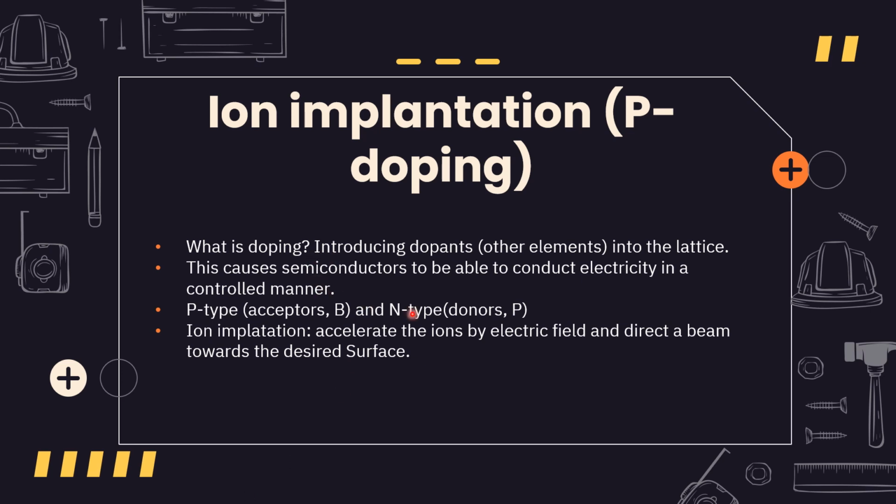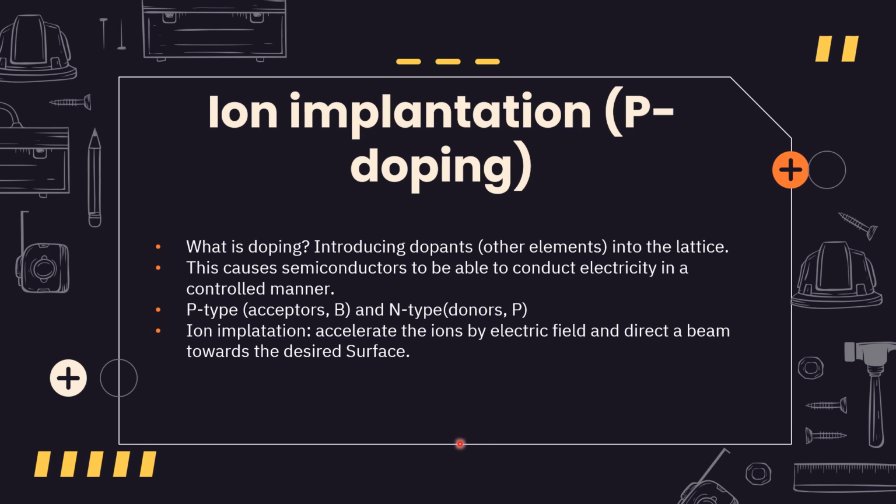So by doping, we will be introducing other elements such as boron or phosphorus. And this causes the semiconductors, which in this case is silicon, to be altered and be able to conduct electricity in a controlled manner. So we will be the ones controlling if we want our semiconductor to conduct electricity or not.